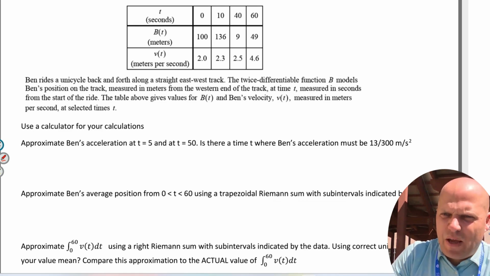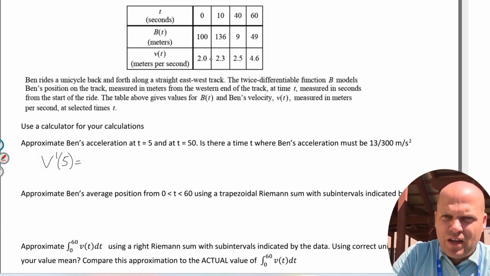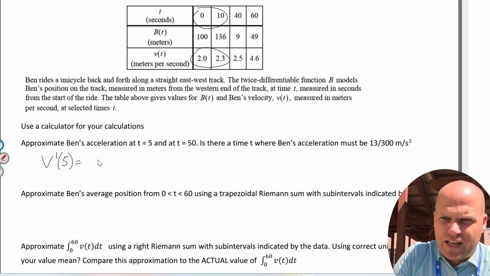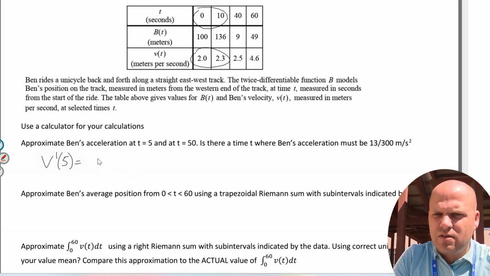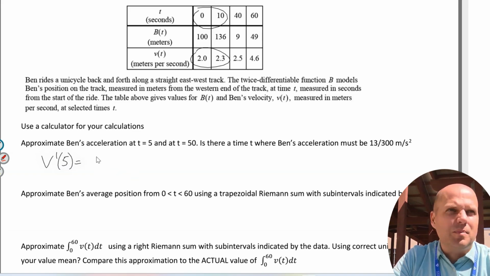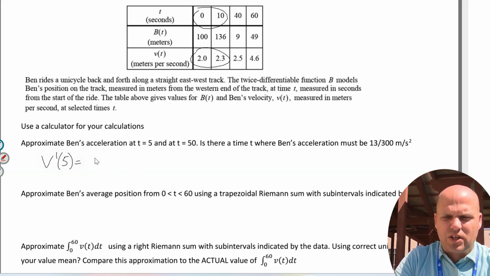Ben's acceleration. Best thing to do with Ben's acceleration is to approximate the derivative of the velocity at 5. I'm going to use my velocities from 0 to 10, which I get 2.3 minus 2 over 10 minus 0. And I'm going to get 0.3 over 10, which is 0.03 meters per second squared.